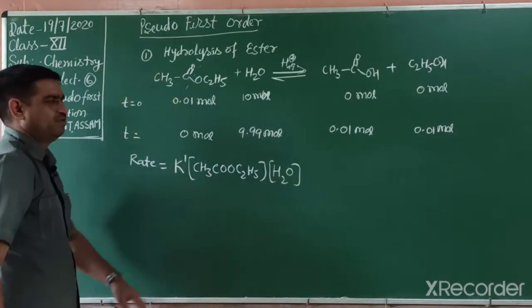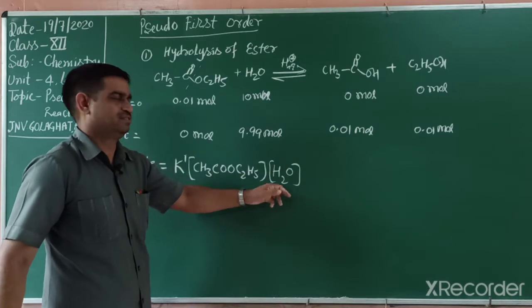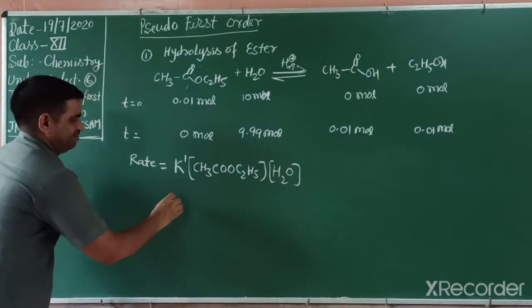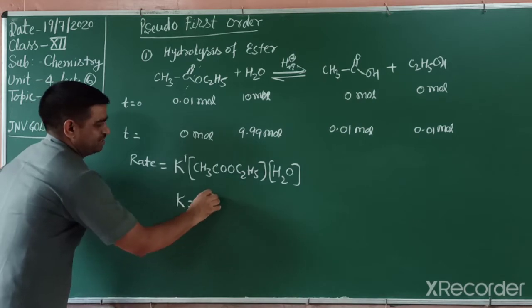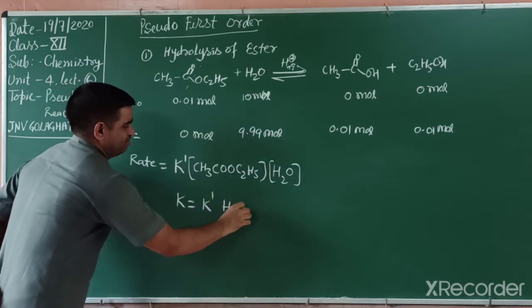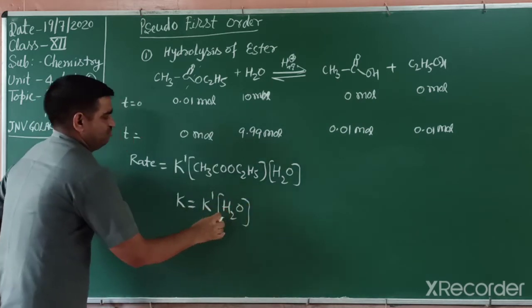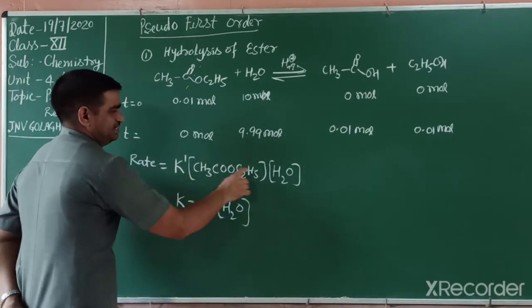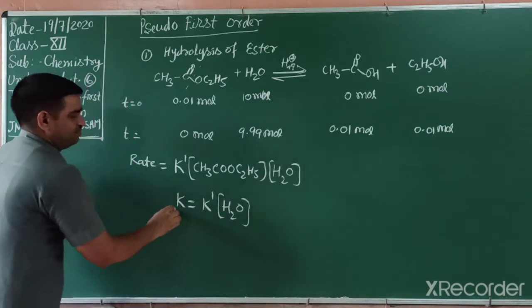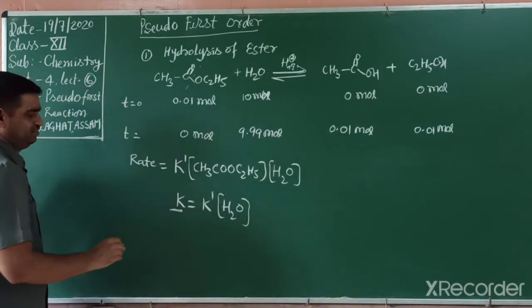But water concentration is actually in excess, so we can write another rate constant K equal to K dash times concentration of water. Because its value is essentially constant, in place of K dash and concentration of water, we write a rate constant in this reaction.